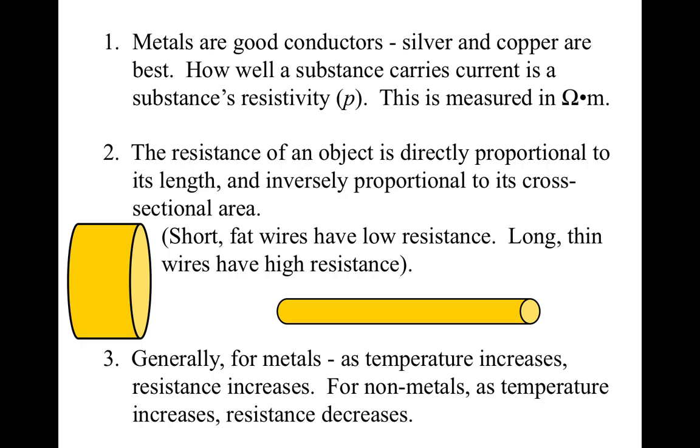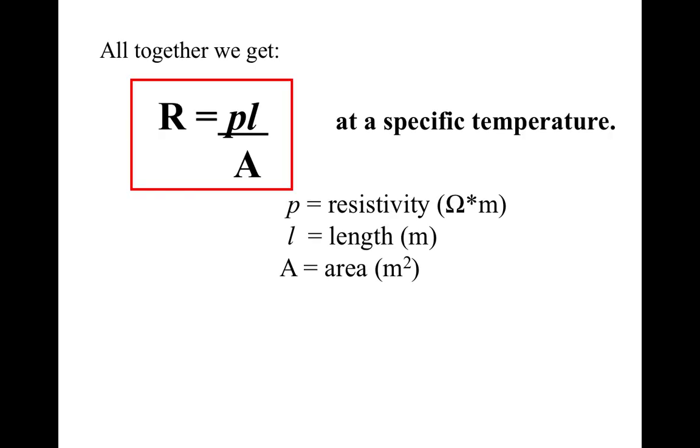Putting all of this together, we come up with a second equation to calculate the resistance. Now, this equation is used to calculate the resistance of a material, not the resistance of a whole circuit. That's the key here. So you have R, resistance, equals resistivity times the length divided by the cross-sectional area.